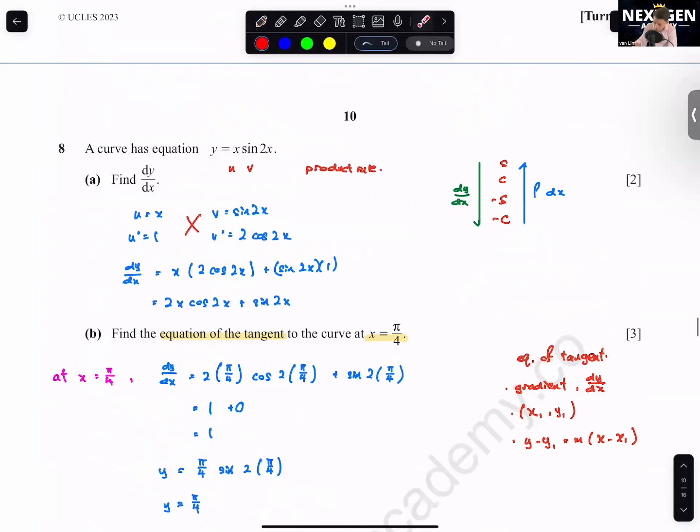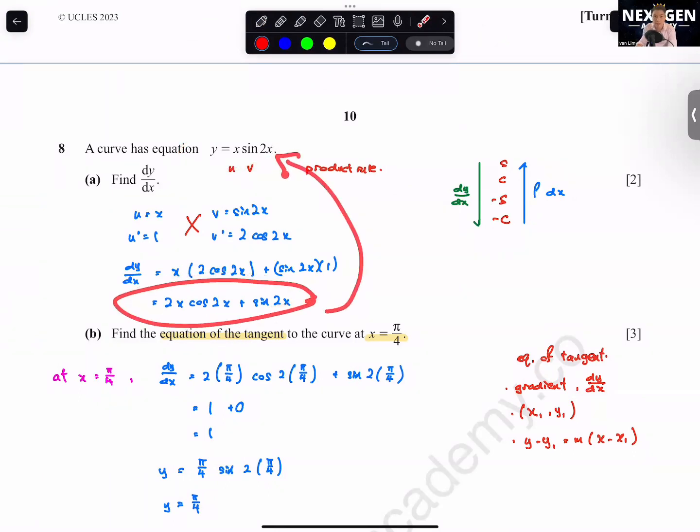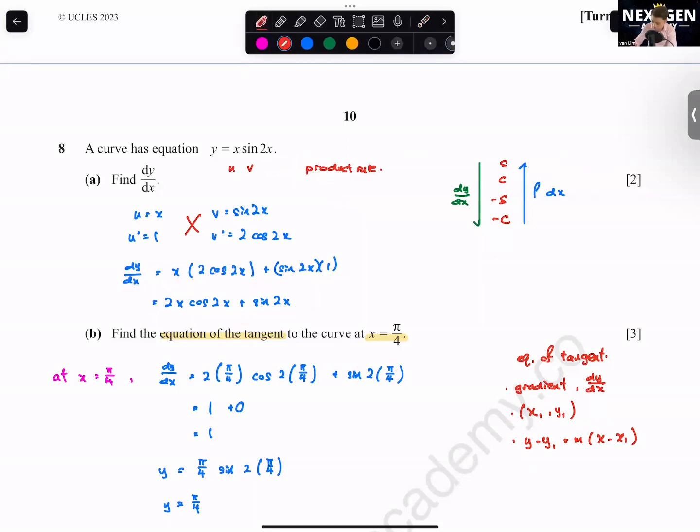When I differentiate y equals x sine 2x, I will get 2x cos 2x plus sine 2x. That means if I reverse the process, because the meaning of integration is reverse differentiation. Let's write this down first. y equals x sine 2x, dy over dx is equal to 2x cos 2x plus sine 2x.